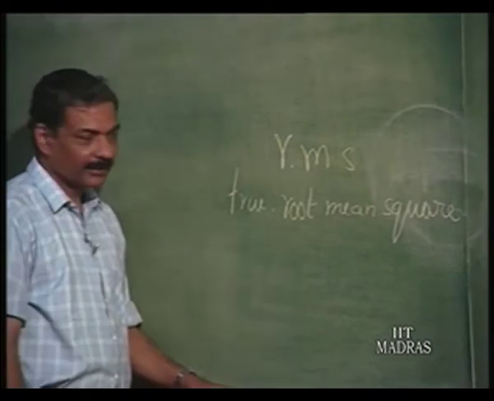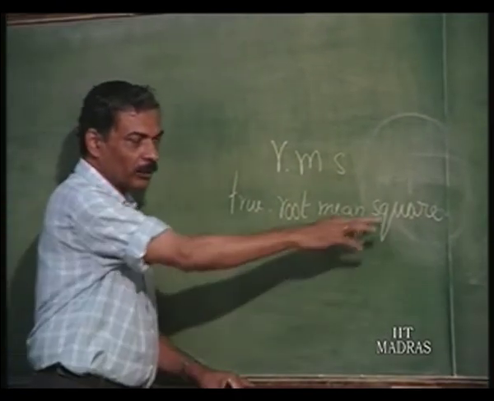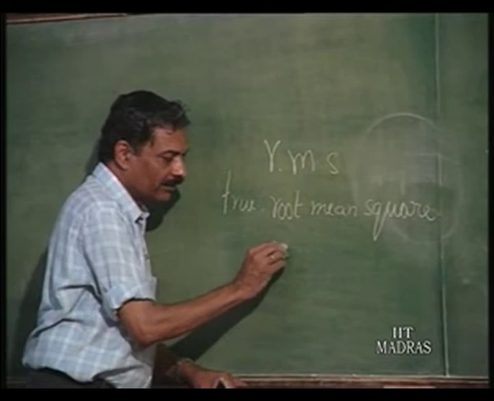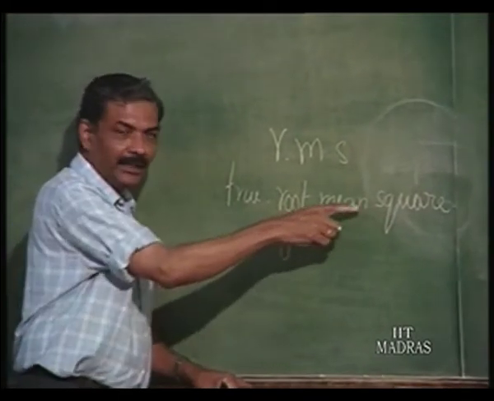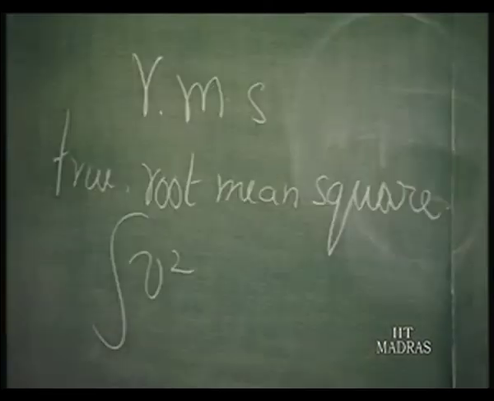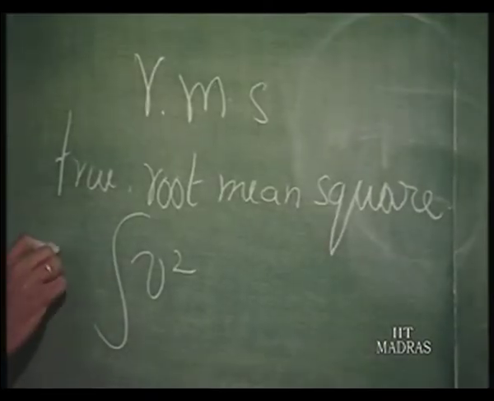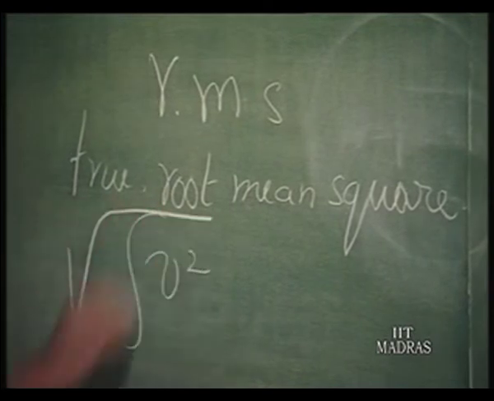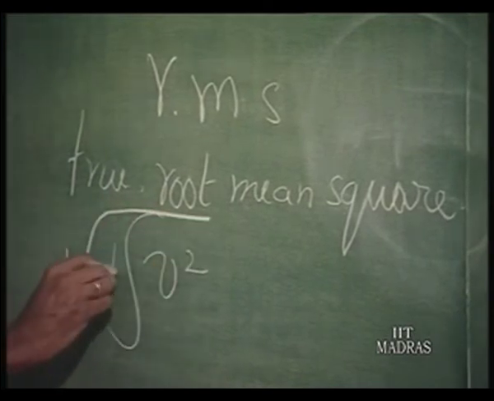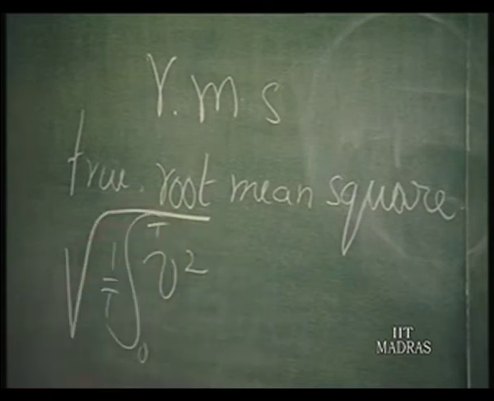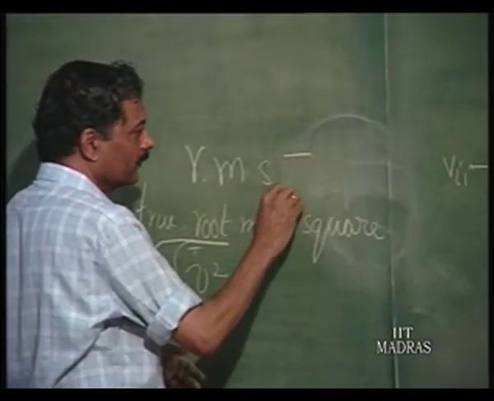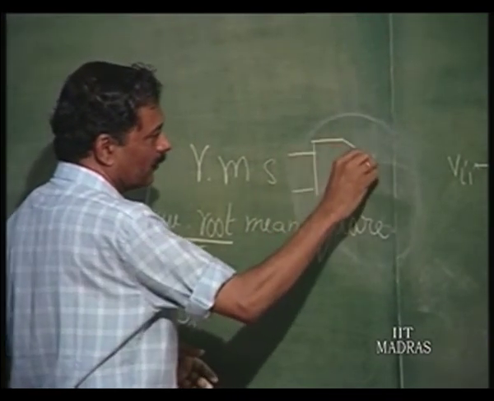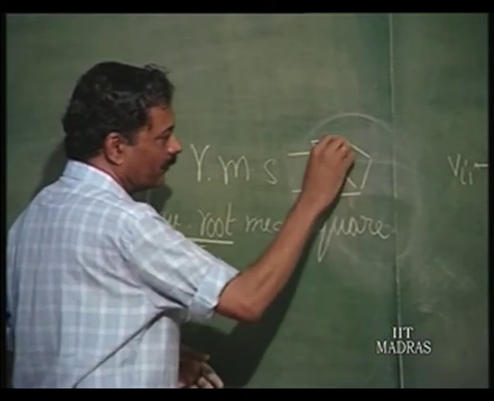By definition, suppose it is V, you take the square of V and then the mean, that means integrate, and then the square root. So, integrate over, let us say, a time period, that is the averaging. You put a squaring circuit, which is nothing but a multiplier.